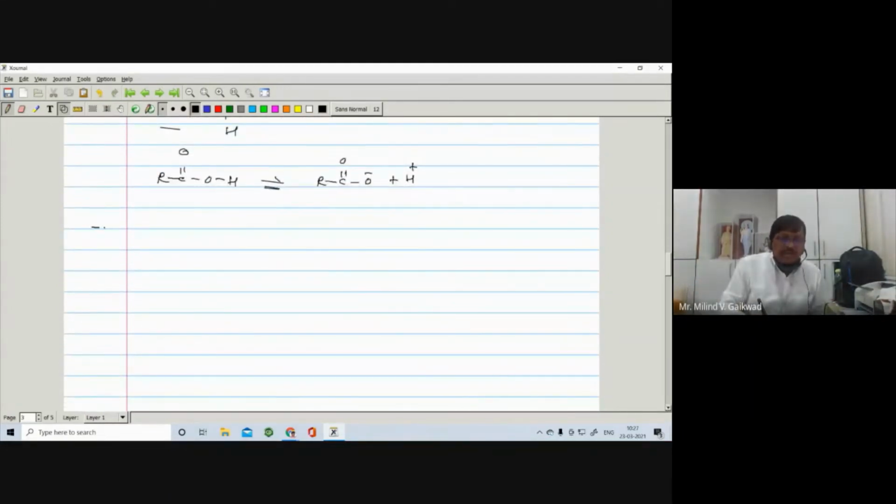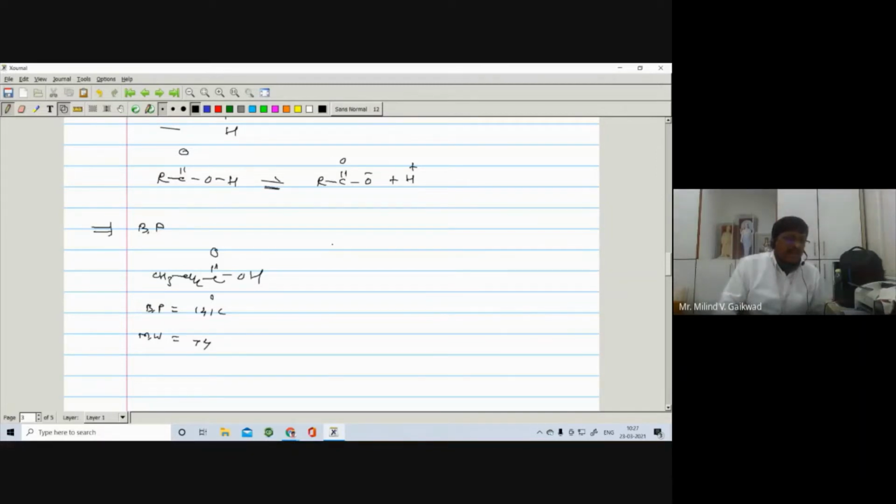If you see the property, the boiling point, for example, propanoic acid: CH3, carbon number 2, and carbon number 3 COOH. The boiling point of this compound is found to be 141 degree centigrade. The molecular weight is 74.